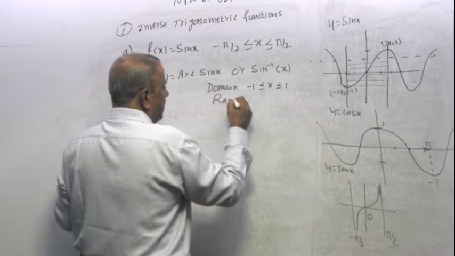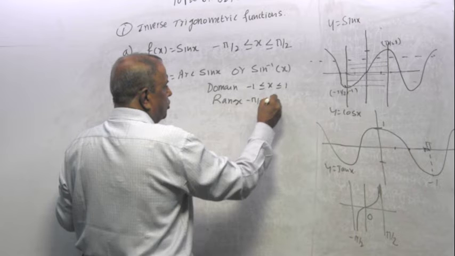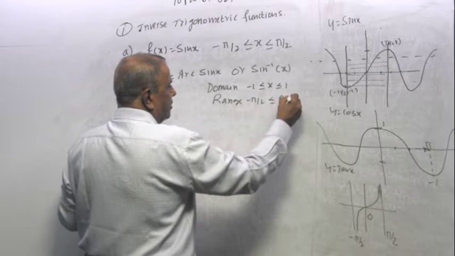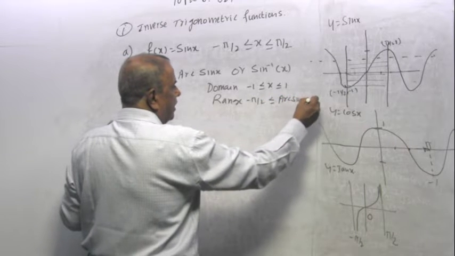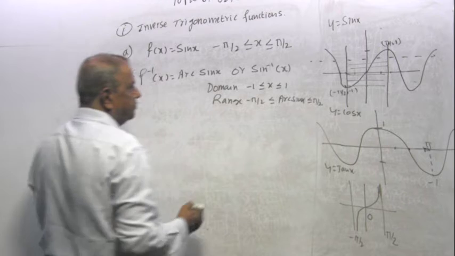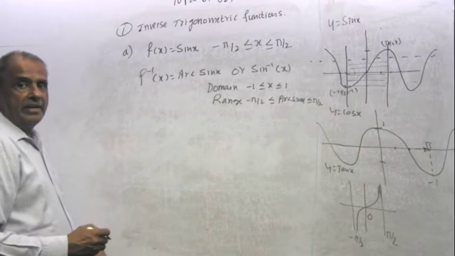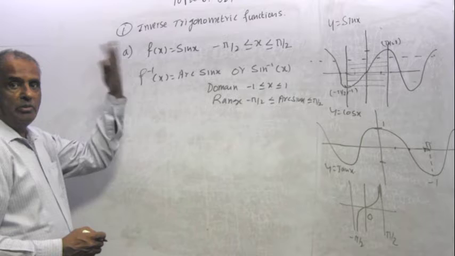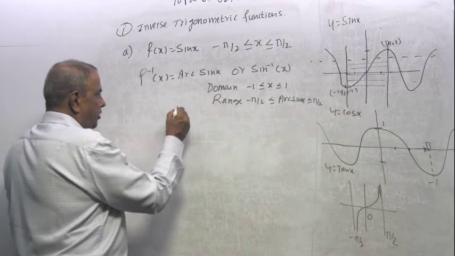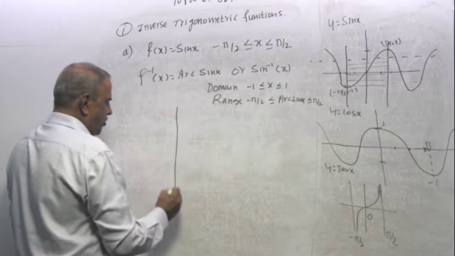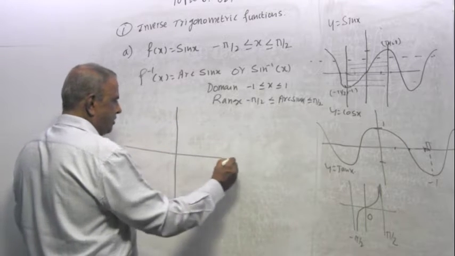The range is minus pi over 2 less than or equal to arc sin x less than or equal to pi over 2. You must know the definition, you must know the domain, you must know the range, you must know the graph.